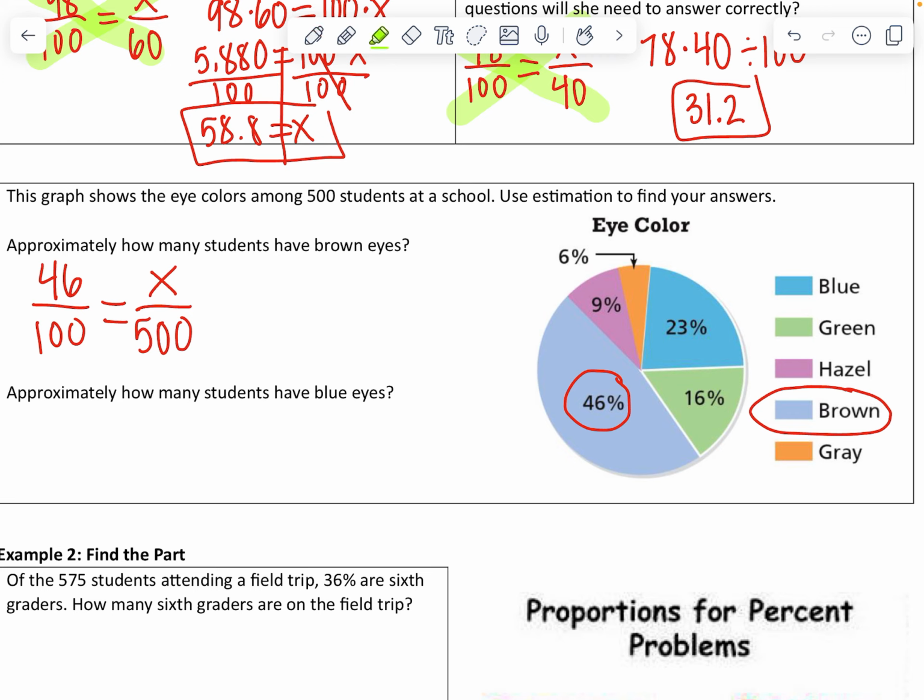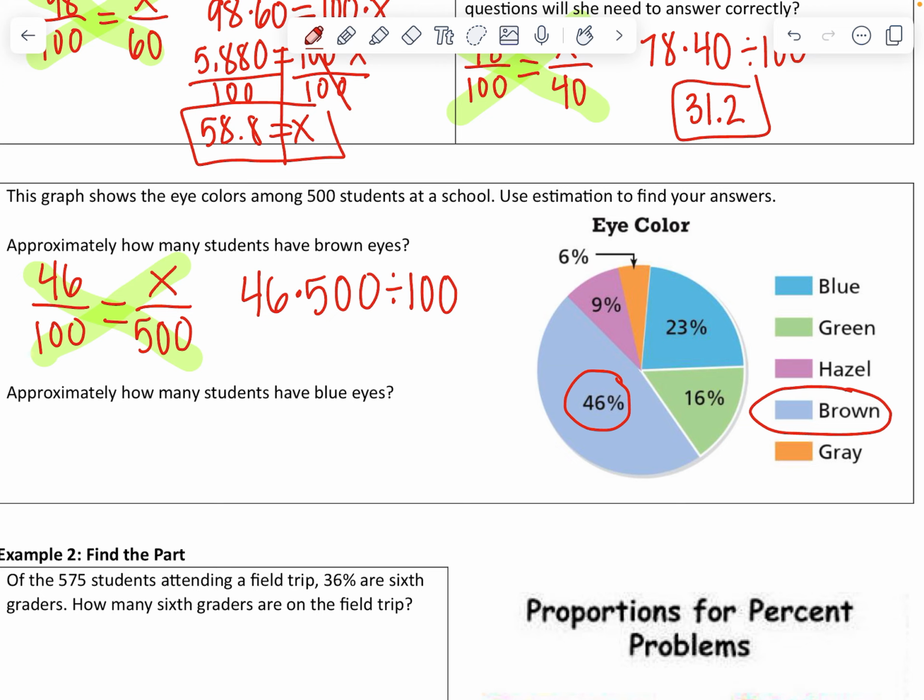So I'm going to do what we just did, and we're going to multiply what's diagonal from each other. So 46 and 500 are diagonal from each other. So 46 times 500. And then the 100 is what's diagonal from the variable. So I'm going to divide by 100.